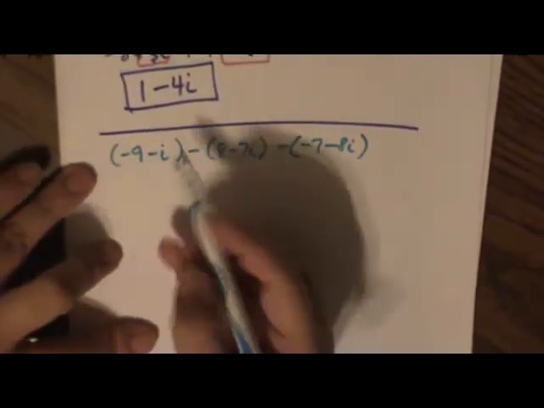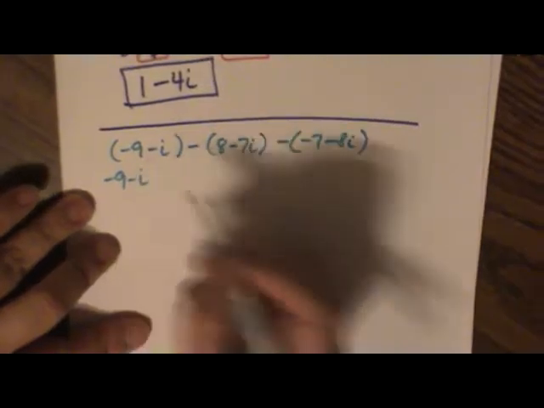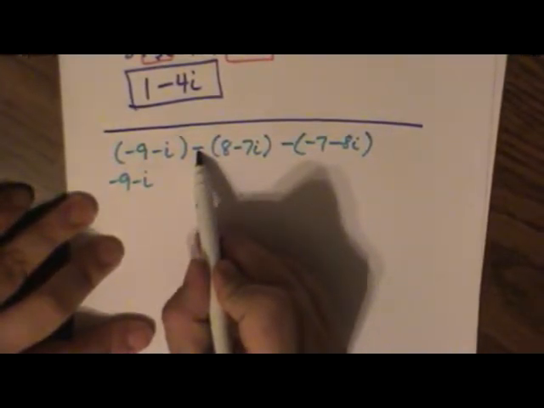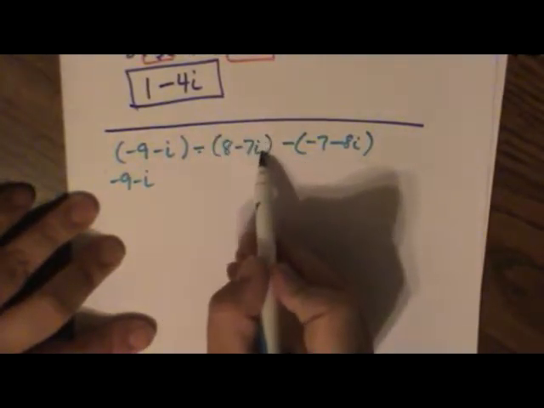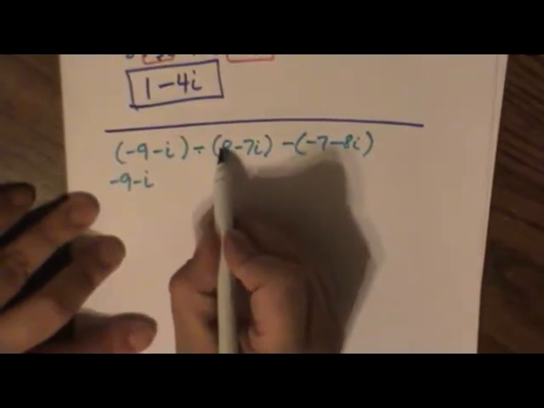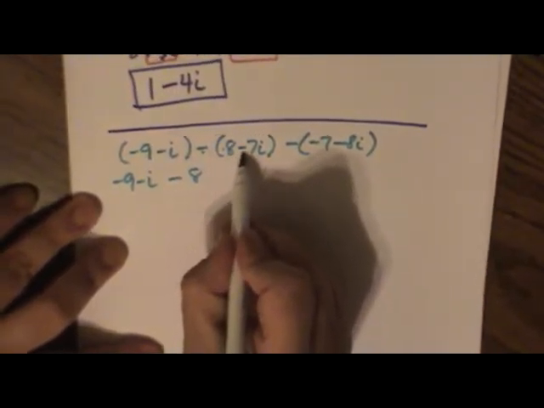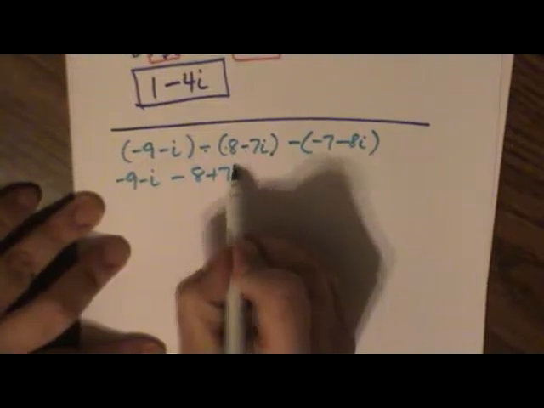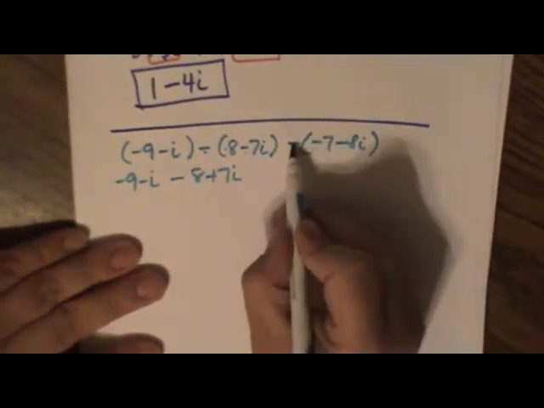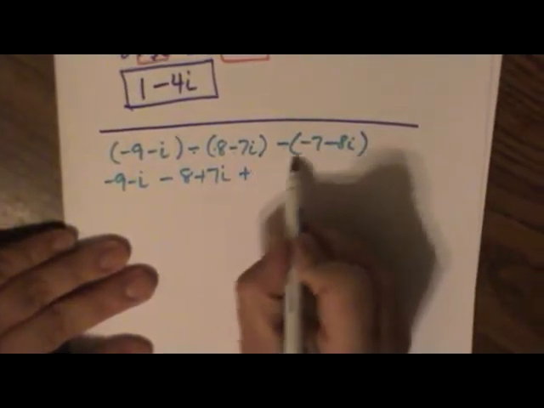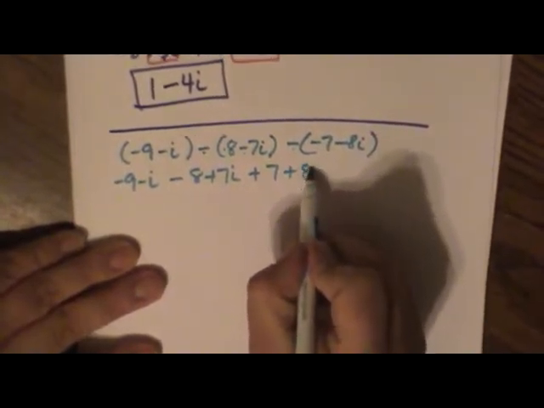This is positive, so we can just write everything the same. We have a negative 1 times this, so all of our signs inside are going to change. This is positive, so it's going to become negative 8. This is negative, so it's going to become positive. Same thing here. We've got a negative distributing through, so it's going to change our negatives to positive signs.